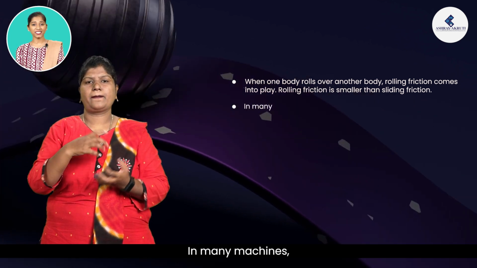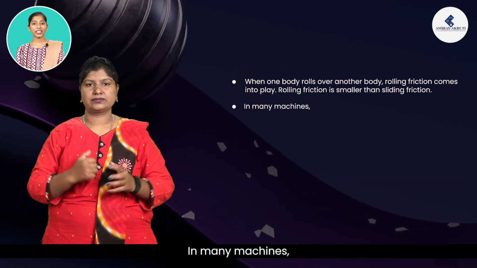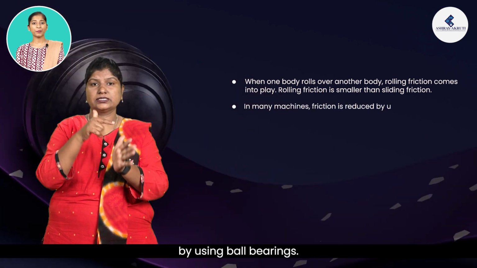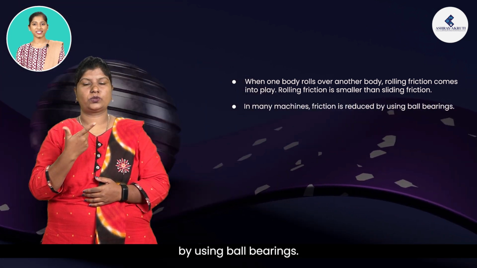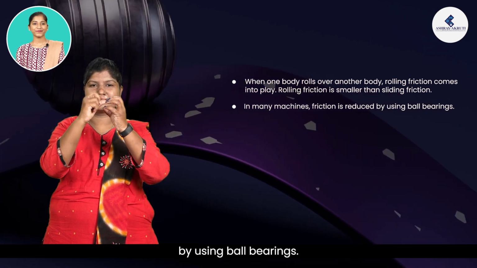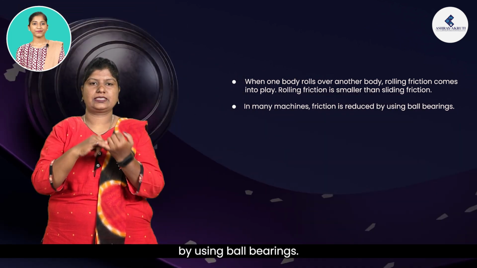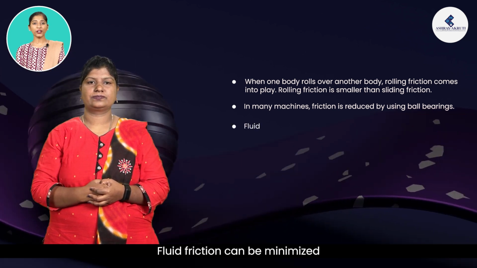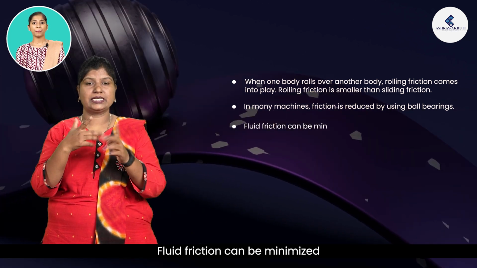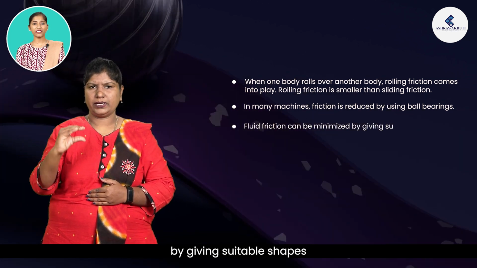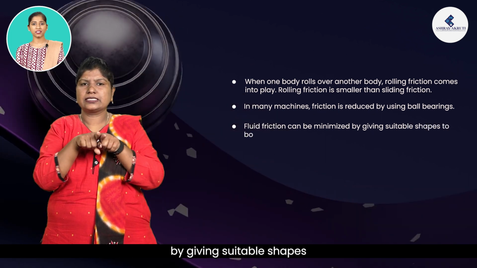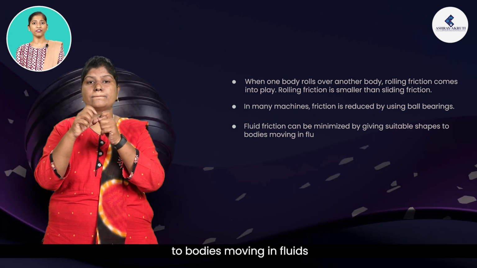In many machines, friction is reduced by using ball bearings. Fluid friction can be minimized by giving suitable shapes to bodies moving in fluids.